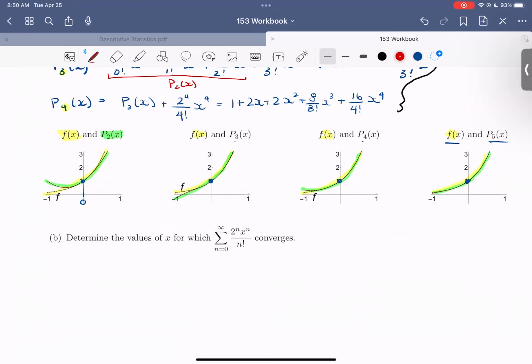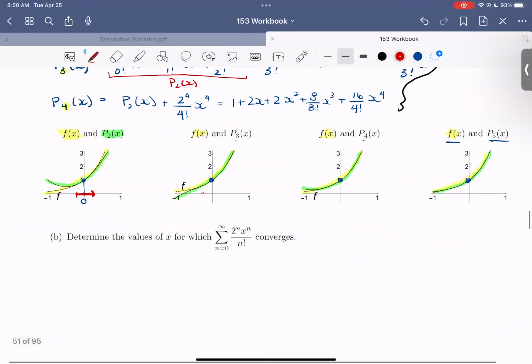But then the question is, what interval containing 0 do these two functions still align? So we can see for P2, maybe we have a small little interval here. Maybe for P3, we get a little larger. P4, maybe we get to plus or minus like 3/4. And maybe for P5, we get all the way out from -1 to 1.